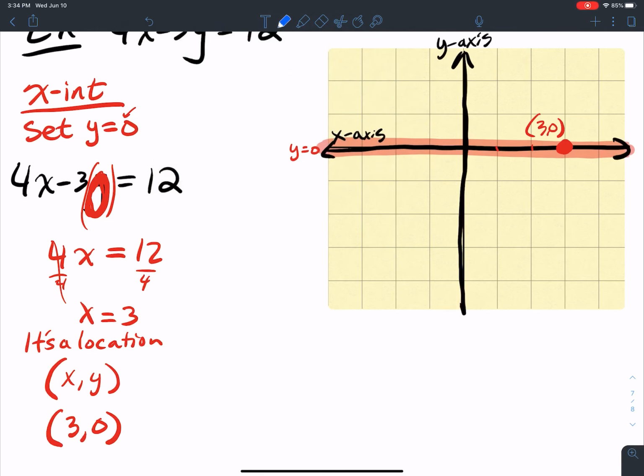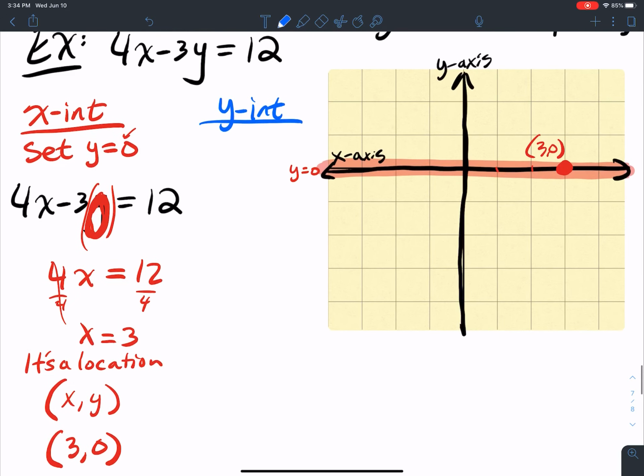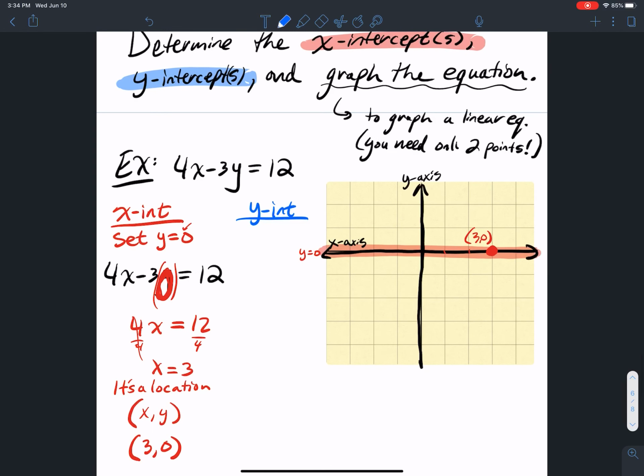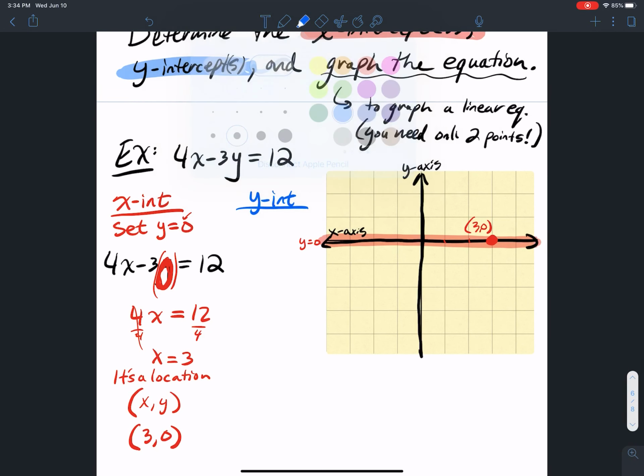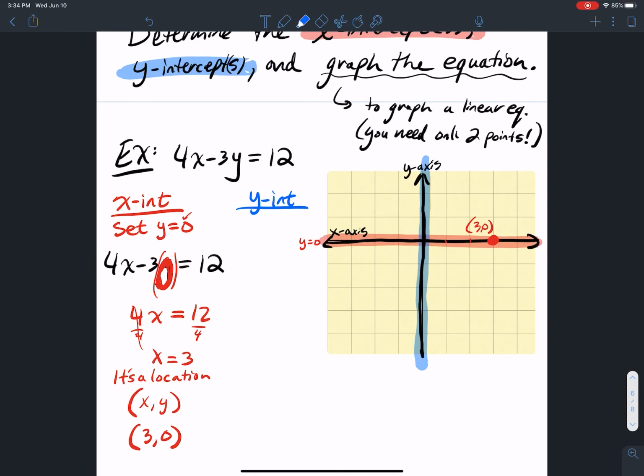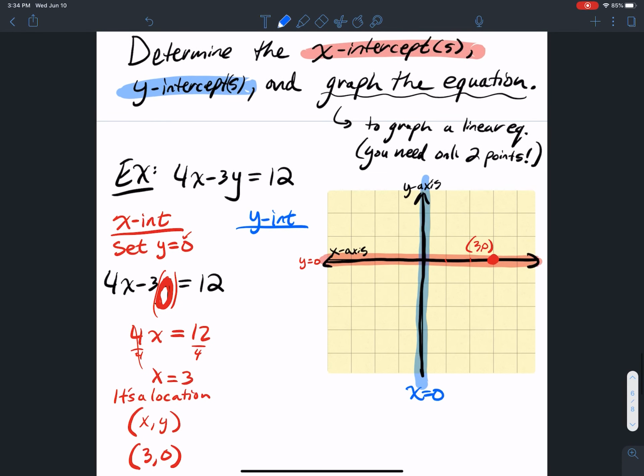Now let's do the y-intercept. The y-intercept, what is this? This is where we cross the y-axis. This would be where x is equal to 0.